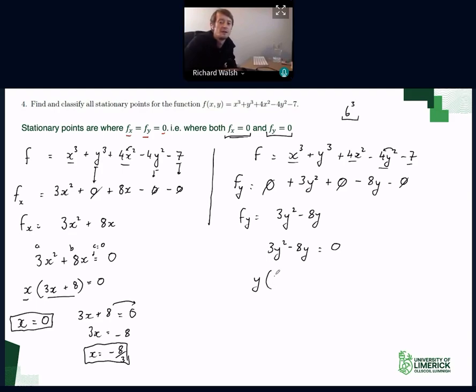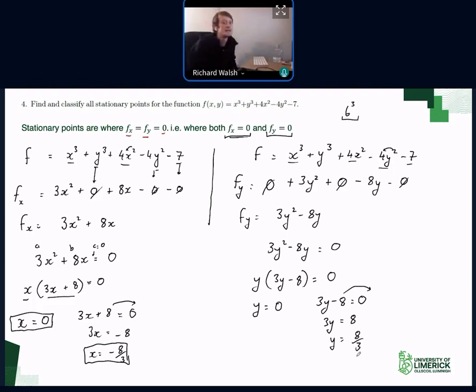But I can just factorize y out of this one. Factorizing out y, and then likewise, if two things multiply to give 0, either the first bit is 0 or the second bit is 0. And we'll solve that for y. 3y equals 0 plus 8, 8. So y would equal 8 over 3.